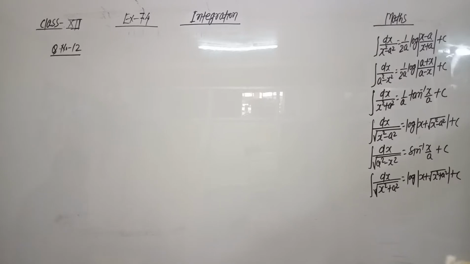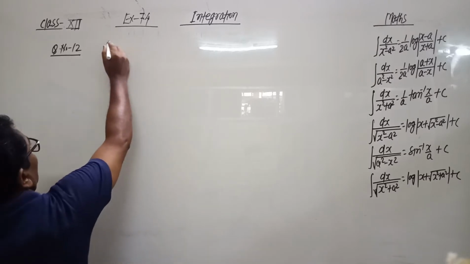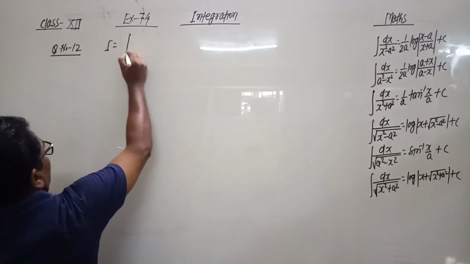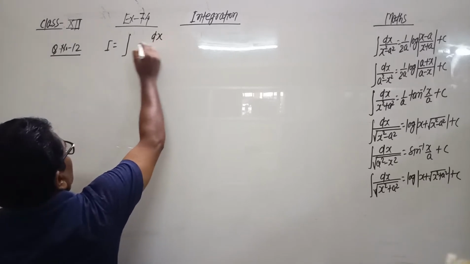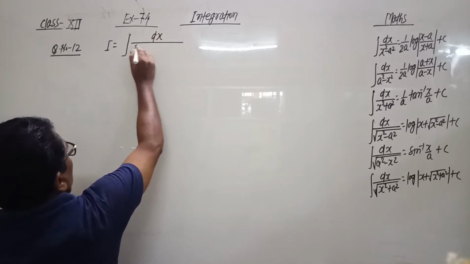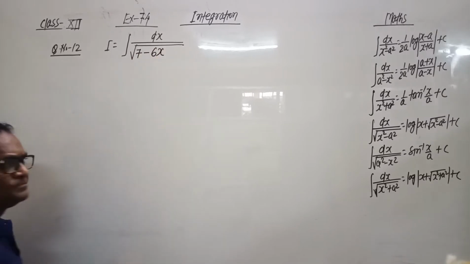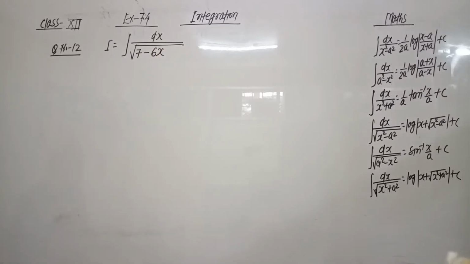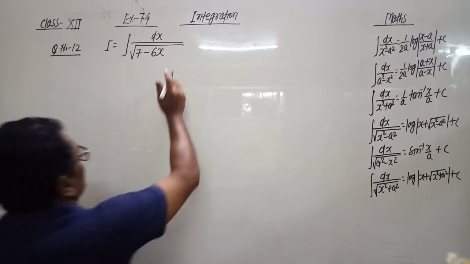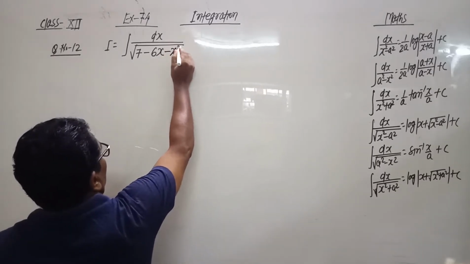Integration is represented by I. So I equals integration dx upon under root of 7 minus 6x minus x square.